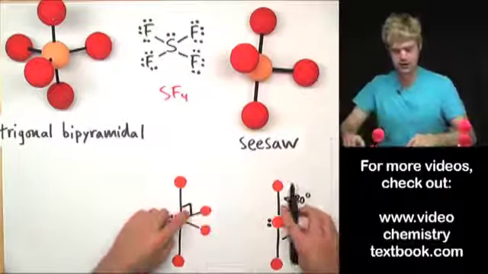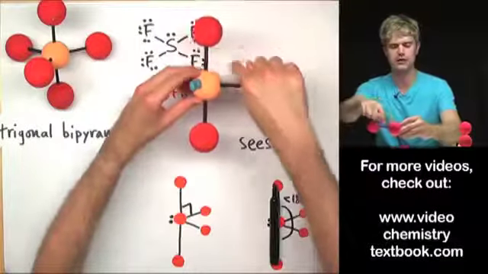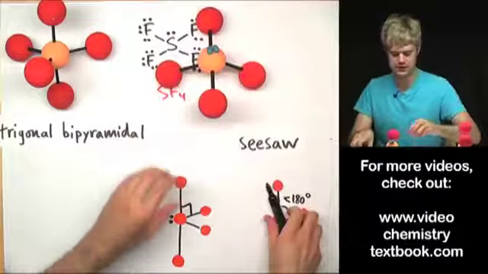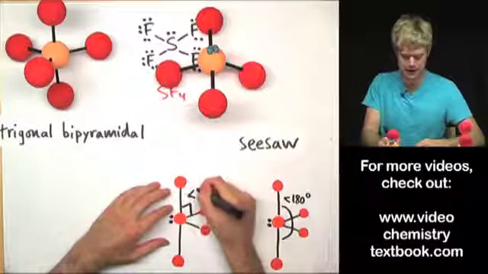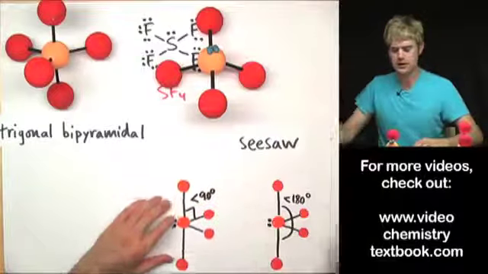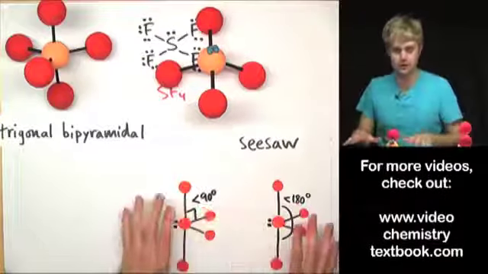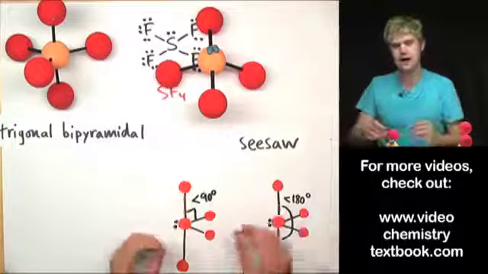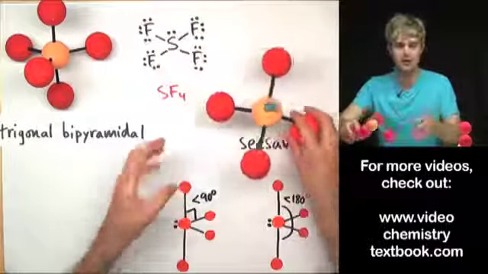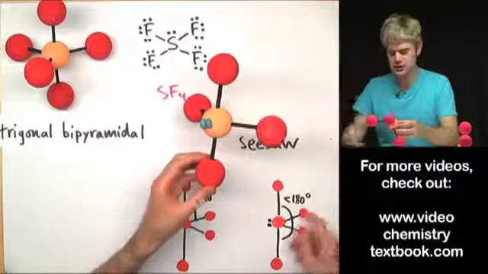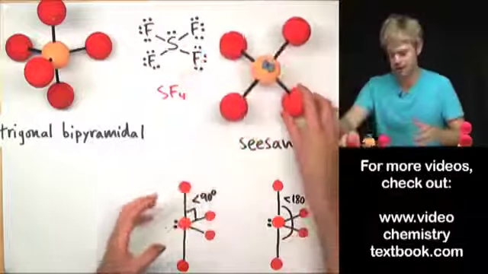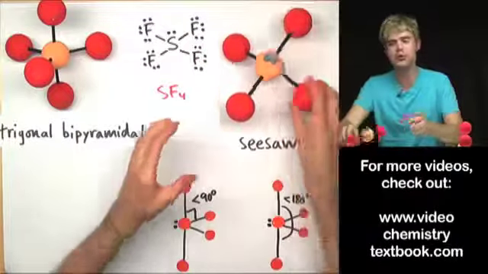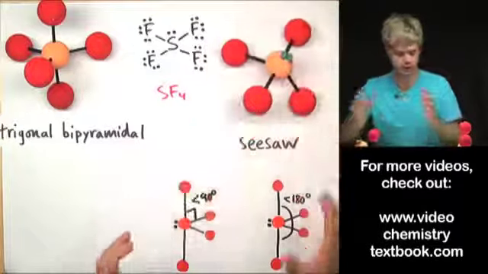But the angle from here to here is going to be a little bit less than 90 degrees. Now these numbers vary from molecule to molecule, which is why I'm just saying less than 180, less than 90, because it will vary depending on the molecule. But if you think about how it works, it's a good way to remember that the angle is a little bit smaller when you have these unshared electron pairs pushing.